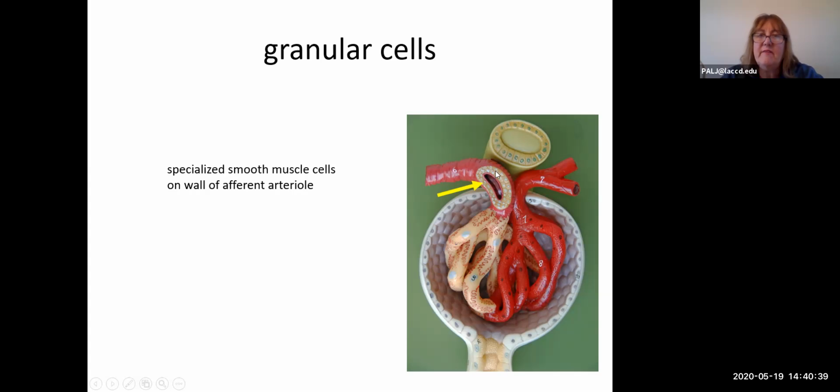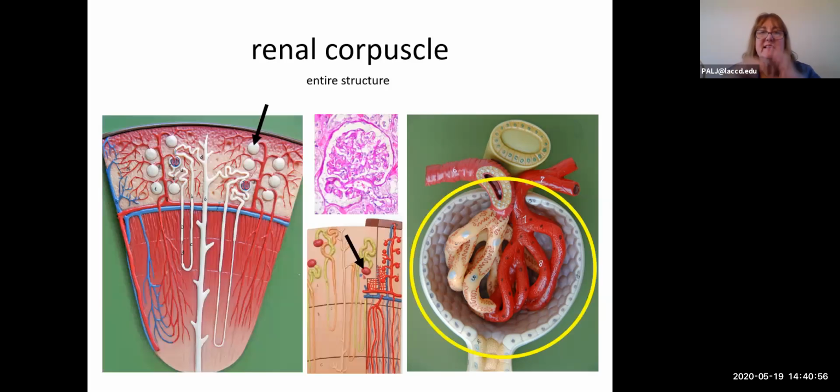In the afferent arteriole only, there are these specialized smooth muscle cells in the wall. These cells are known as granular cells, and these have a distinct physiological purpose, which you'll learn about in lecture. Okay. This entire tennis ball structure is known as the renal corpuscle.